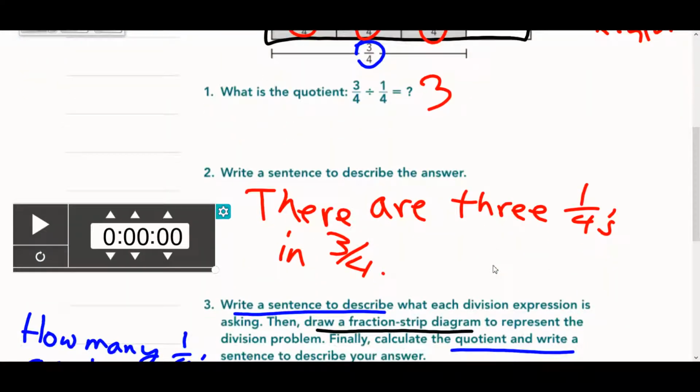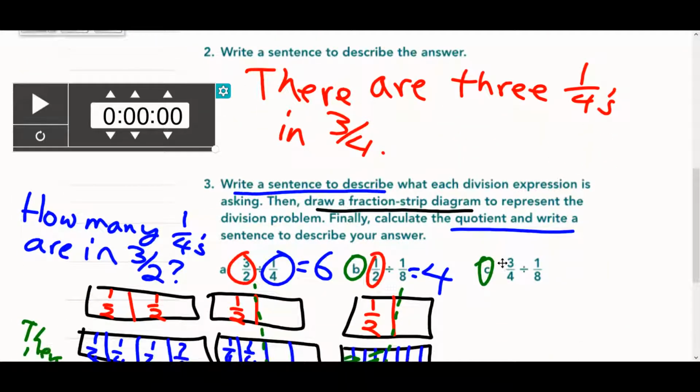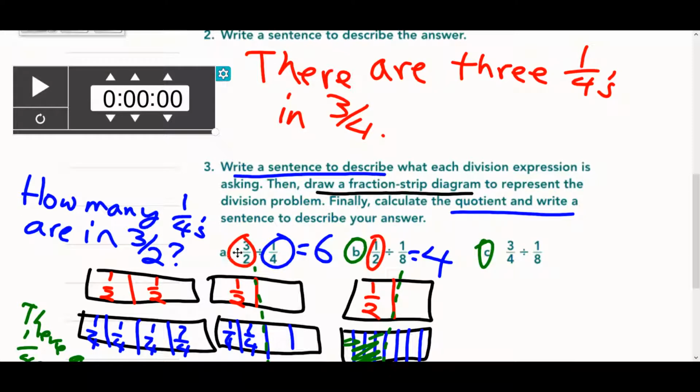Then we looked at a few examples down here. We did this one together: 3 halves. I drew a box and we saw that we had 2 halves in that box, but we need 3 of them, so we had to draw a second box to get to our 3 halves. Then if I divide that by fourths, I'm going to draw the same boxes and break those into fourths.